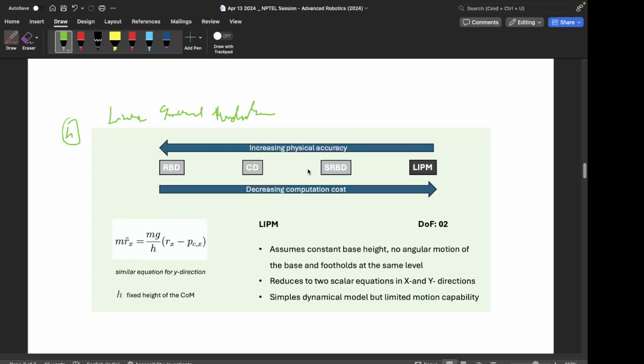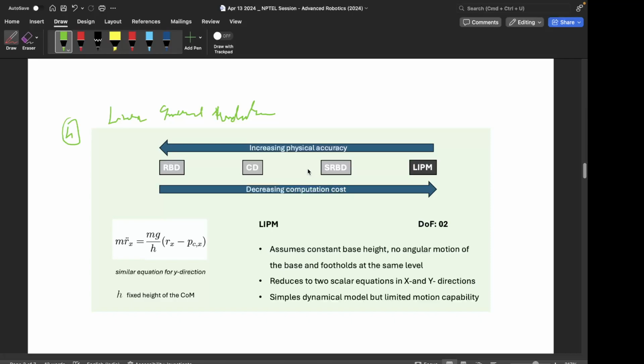So we assume that the base is at a constant height, so the base height is not changing. There is no angular motion of the base, so we sacrifice 4 degrees of freedom of the base, right? 3 of the orientation and 1 of the Z. So we do not consider those 4 to be changing.